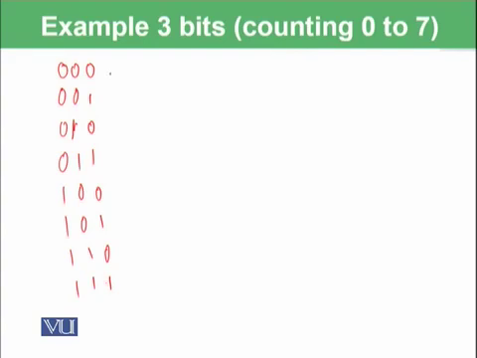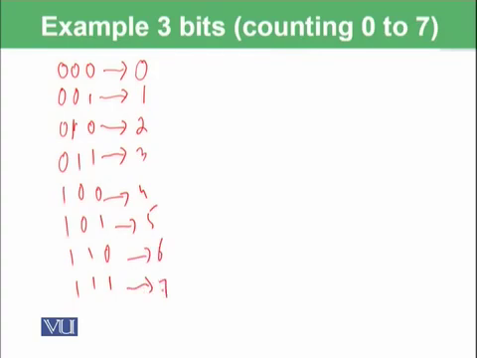If we say that the first will represent the digit 0, the next 1, then 2, 3, 4, 5, 6, and 7, this means with only 3 bits we are able to store numbers from 0 to 7. So we can represent 8 numbers, and the maximum number which we can represent with 3 bits is 7.